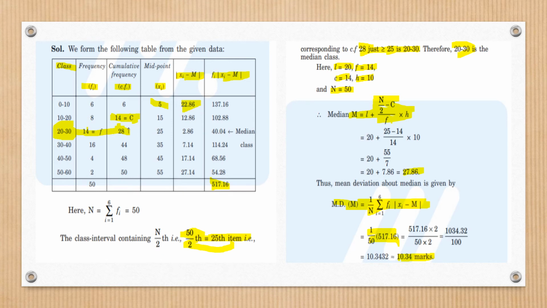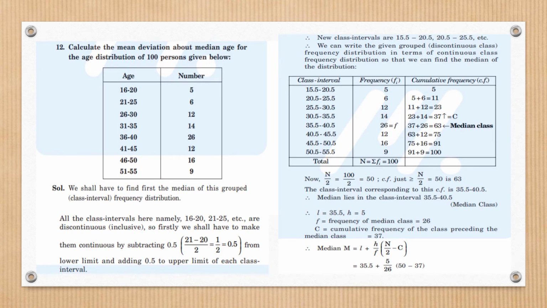Number 12 is to calculate mean deviation about median. Again, the intervals are given like this. You must understand that they are not continuous intervals, like 16-20, 21-25. To find the median of this grouped class interval frequency distribution, we first have to make the discontinuous class intervals continuous by subtracting 0.5 from the lower limit and adding 0.5 to the upper limit of each class.